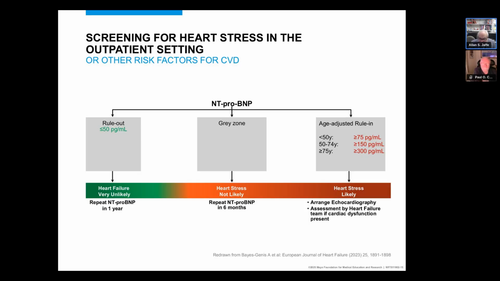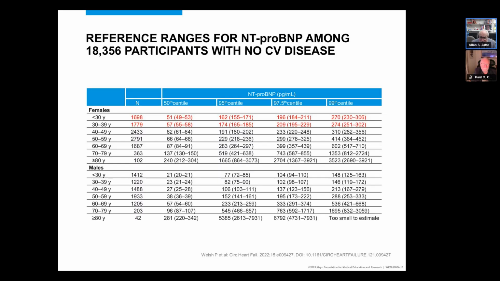And if indeed you're between the 50 and any of these values, one suggests that one have repeat NT-proBNP in 12 months. Now, there's some difficulties with this particular algorithm, in my opinion, and these data in part come from a manuscript which was published by the IFCC group in CCLM, alerting clinicians to the potential problems that could occur. First of all, these are NHANES normal values with presumably no cardiovascular disease.